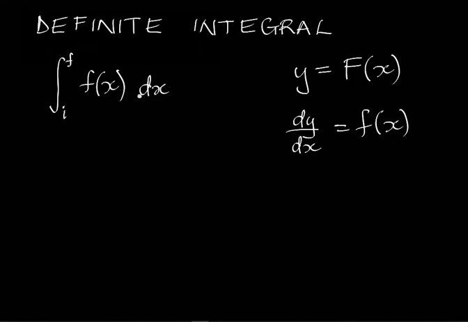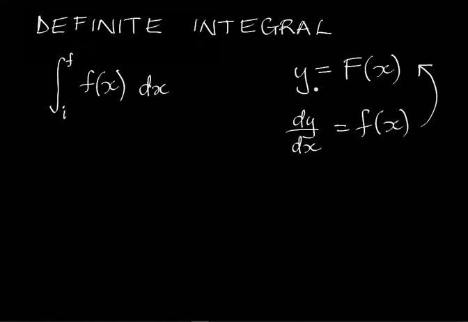When we perform integration that is definite or defined using an initial and a final value, we're going to get from this f of x back to the capital F of x.